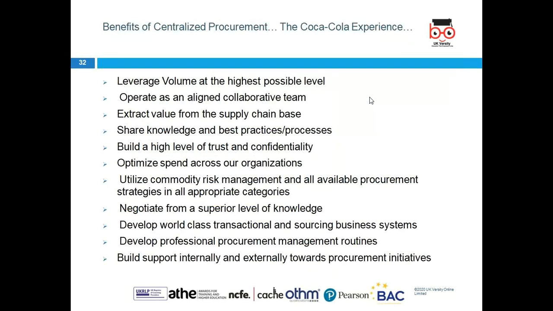Okay. Then we have some benefits of centralized procurement. As a company, they leverage volume at the highest possible leverage, operate as a collaborative team, and get value from the supply chain.